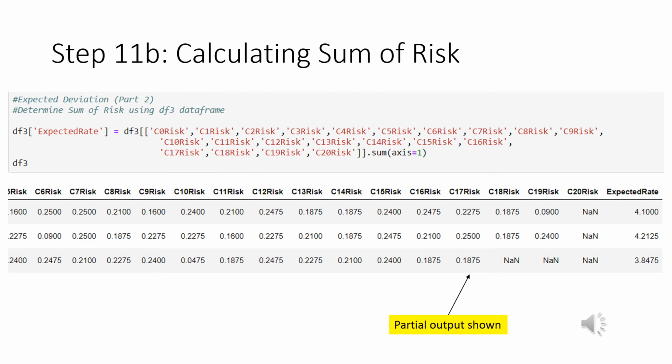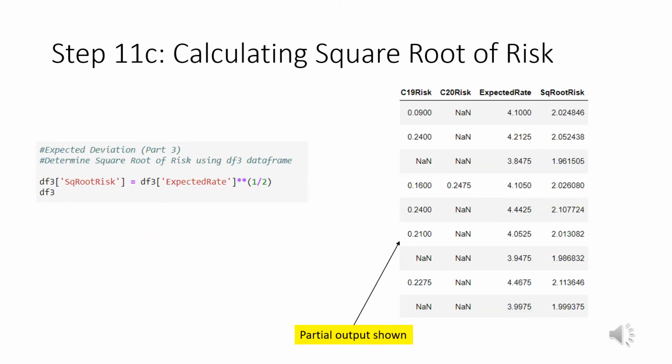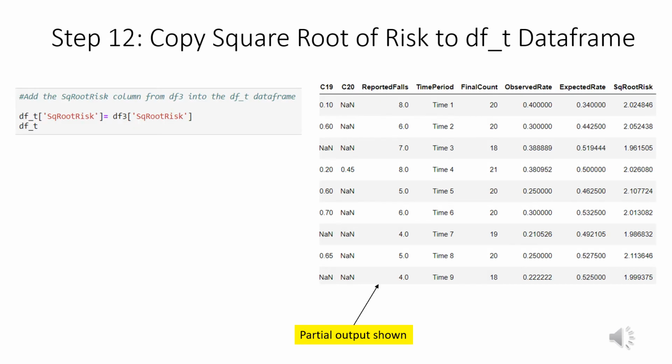The second step for determining the expected deviation is to determine the sum of risk. This slide shows you how to determine that. The third step is to calculate the square root of risk. And how to do that is shown on this slide.